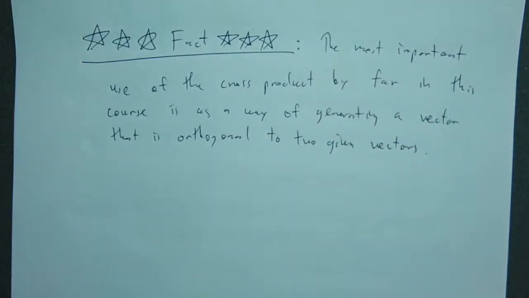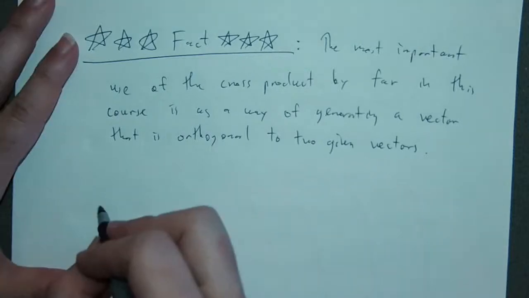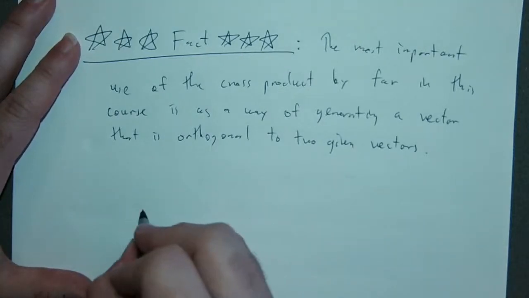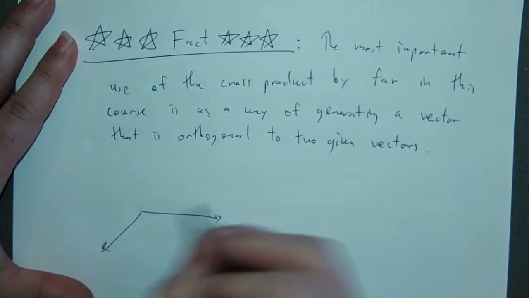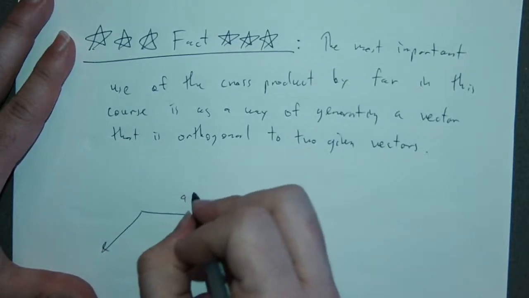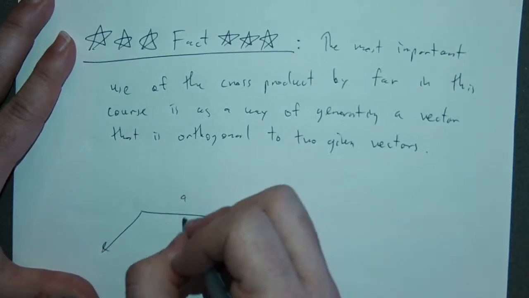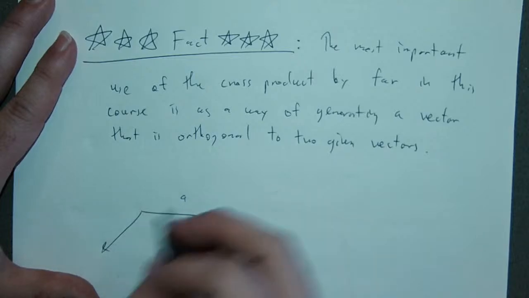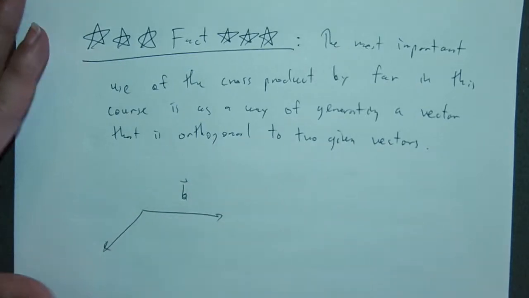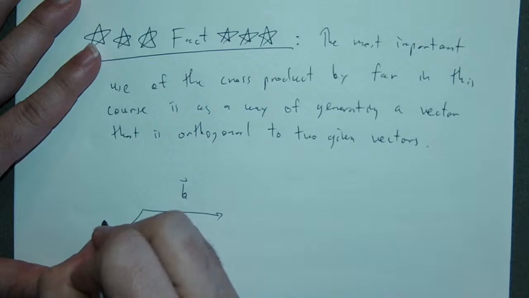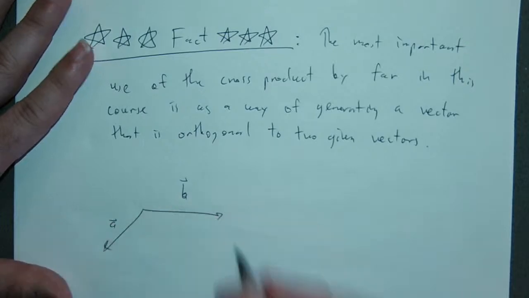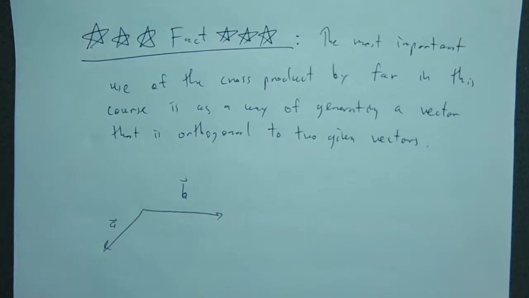I'm out of time, so we'll do this at the beginning of class next time. But what does the cross product do? The idea is that if I have two vectors on my paper here, here's my vector B, and here's my vector A. Then where is A cross B?